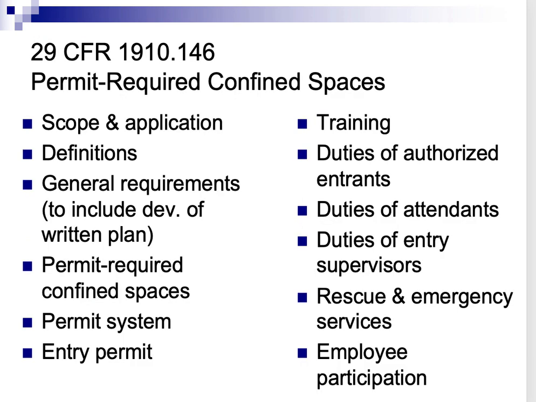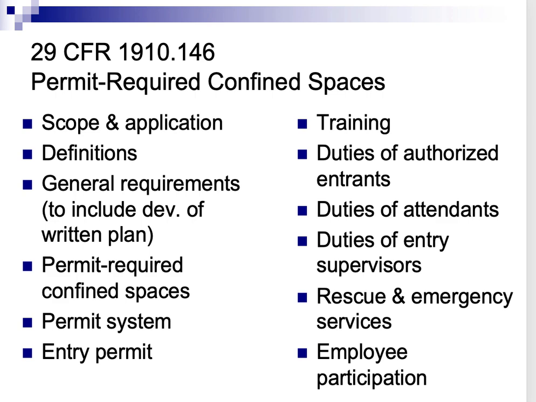And so the confined space standard looks like you're seeing here. It has all these different areas to it. Again, you can see, or maybe you can't see, that this is a well organized standard. It's newer than some of the other standards.